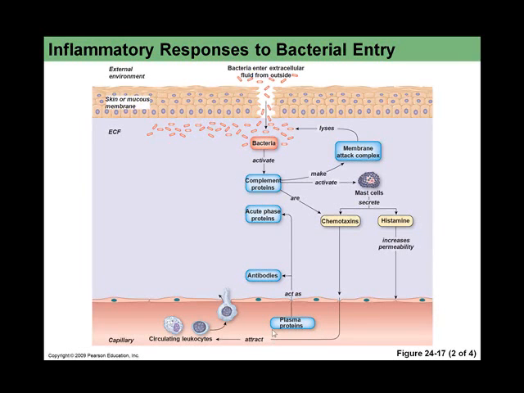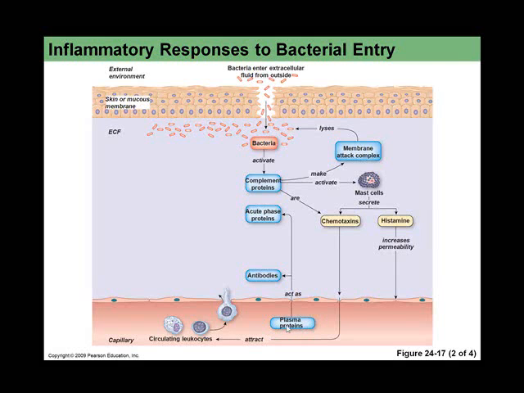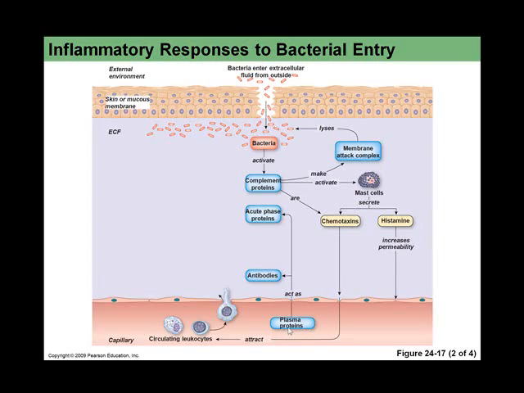Again, these reduced illustrations can be a bit misleading at times, so I try to expound on that as we are always seeing them. And then the plasma proteins will act as antibodies or acute phase proteins. So remember, the increased permeability allows the leakage of some plasma proteins.